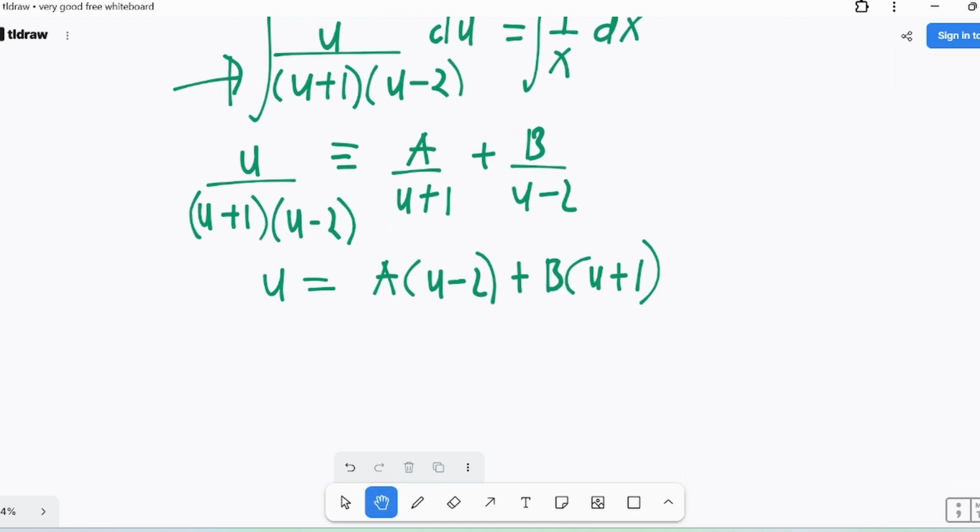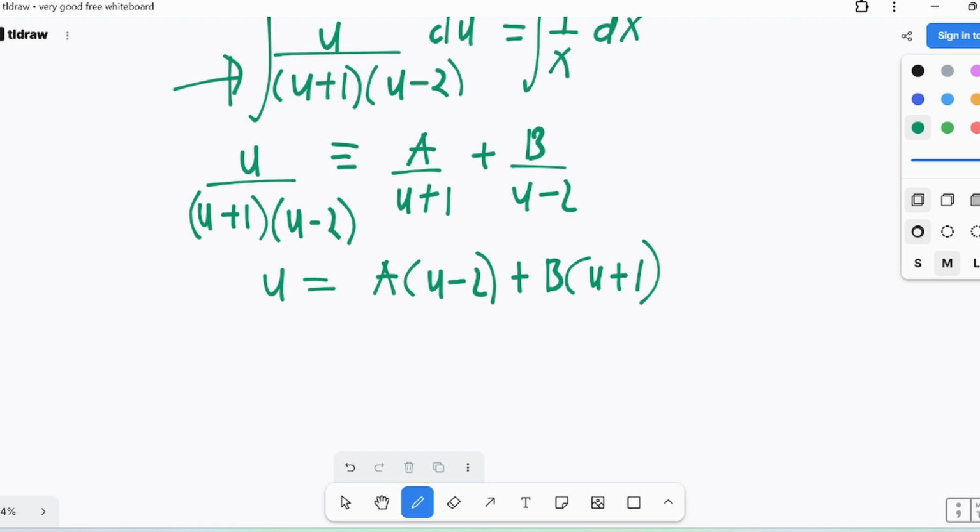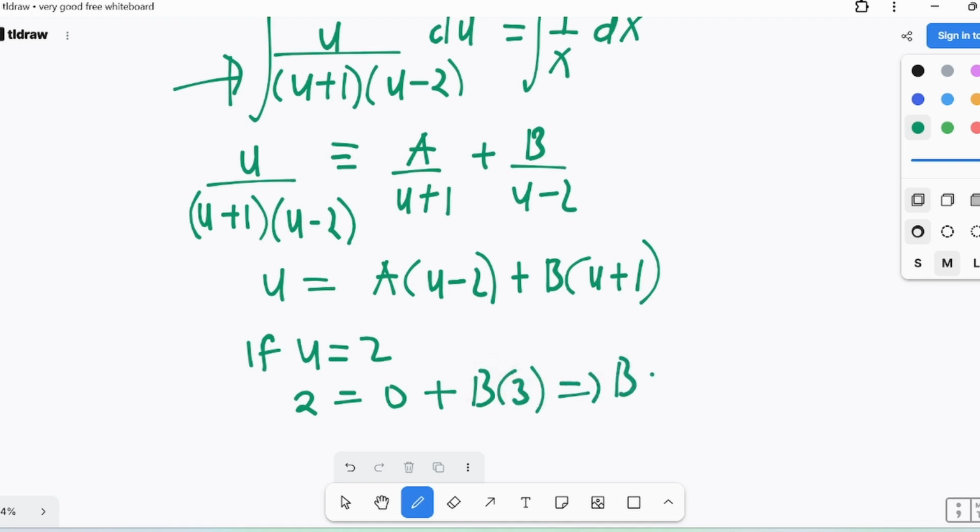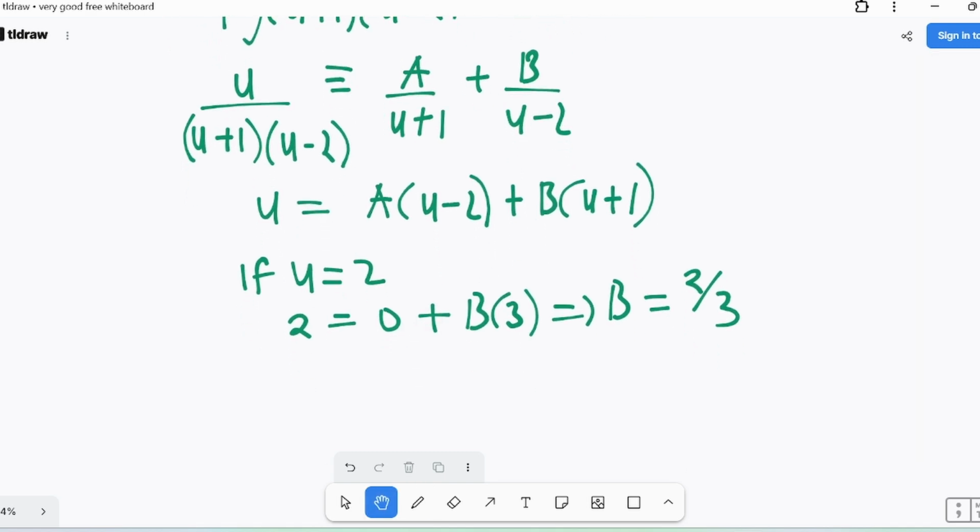If u is equal to 2, a will go to 0, so we shall have 2 is equal to 0 plus b into 3, which gives us b as 2 out of 3.